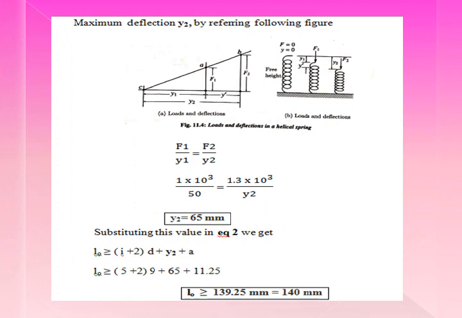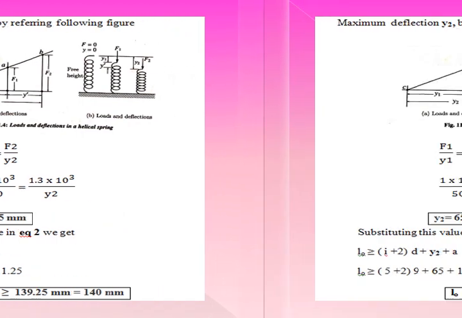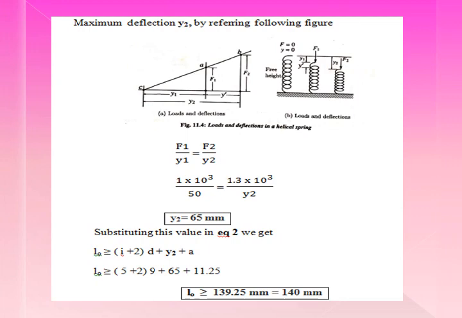Now we'll look at the value of maximum deflection F2, by referring to the figure that is given, figure number 11.4. Refer to that figure. In that he has given two similar triangles, CA at a particular point and CB at another particular point. The deflection for the corresponding point A with the horizontal is F1, and corresponding to point B the deflection is F2.